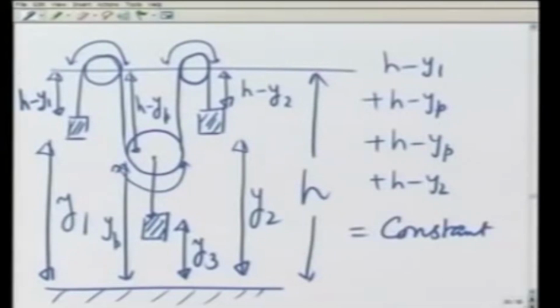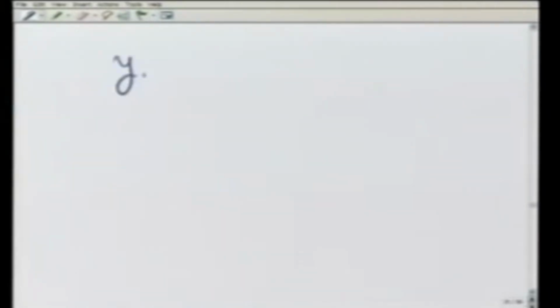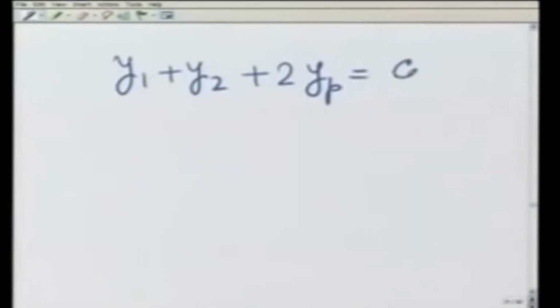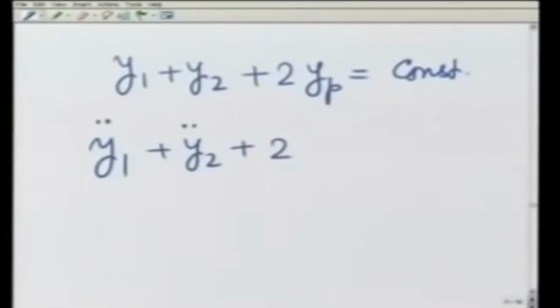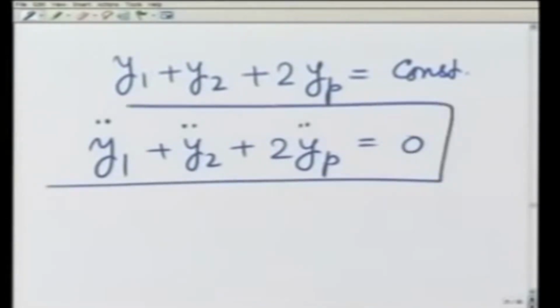In other words, if I reshuffle the variables, I can write y1 plus y2 plus 2 yp equals a constant. To again bring them to usable form, I differentiate them and write y1 double dot plus y2 double dot plus 2 yp double dot equal to 0.